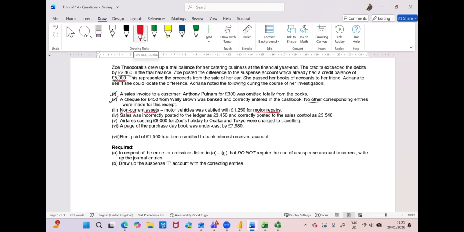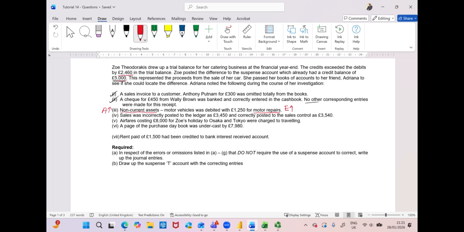When expenses increase they are debit, and when assets increase they are also debit. So they are both debited, and the nature is different. One is an asset account, one is an expense account.